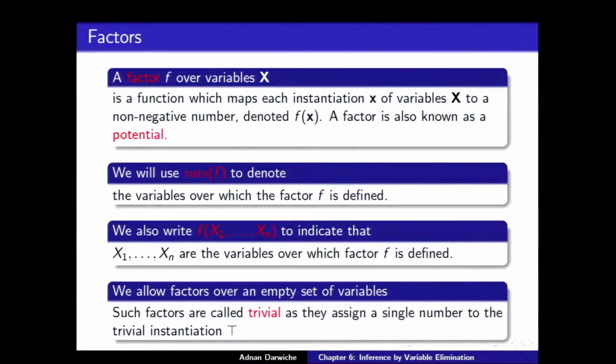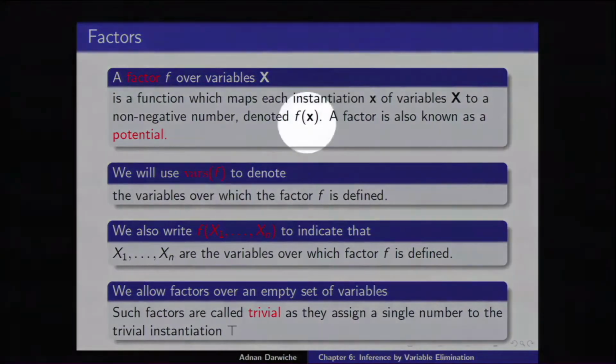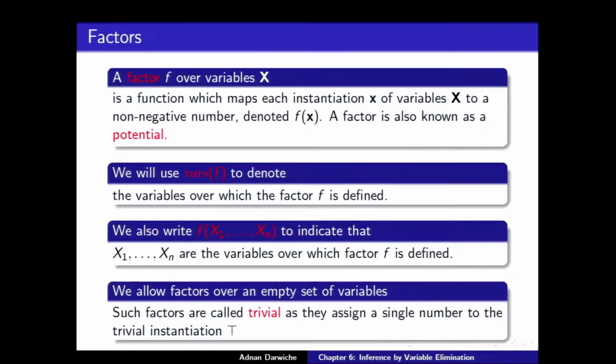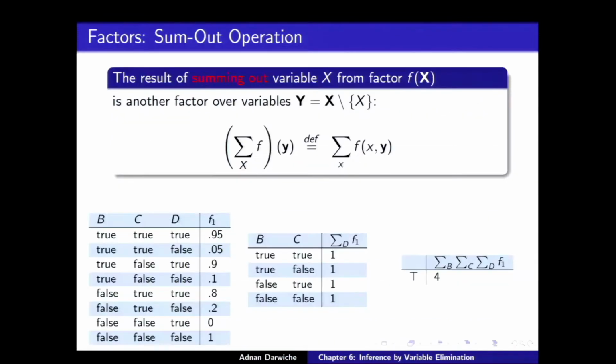Sometimes we have what we call a trivial factor, a factor that only has one variable instantiation, the trivial one. You'll see this pop up sometimes. This is the notation we use for the trivial variable instantiation. So in that case, the factor represents really just a constant, just one number. For example, if you take a distribution and sum out all variables from it, you're going to end up with a factor that has this trivial row and the number. You're going to see this in just a little bit.